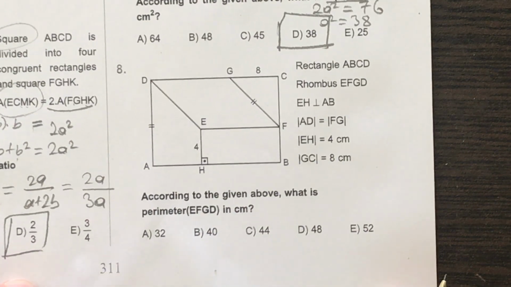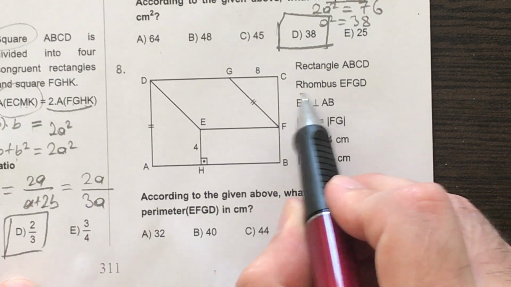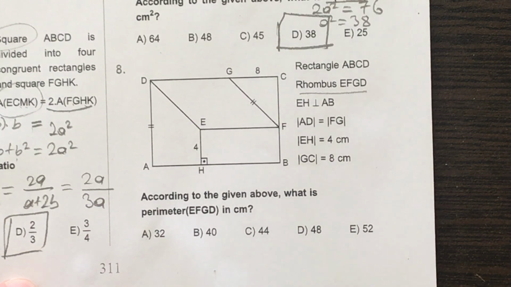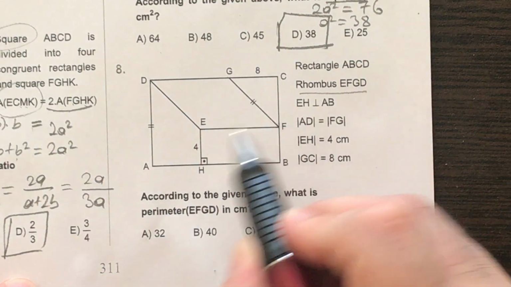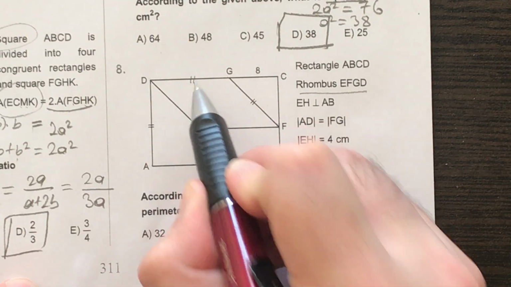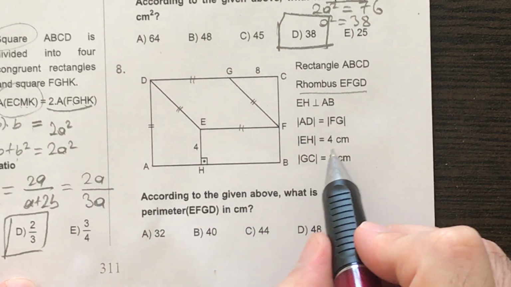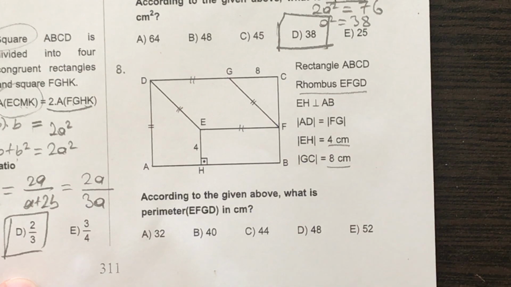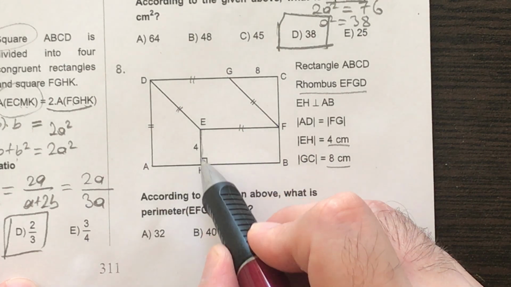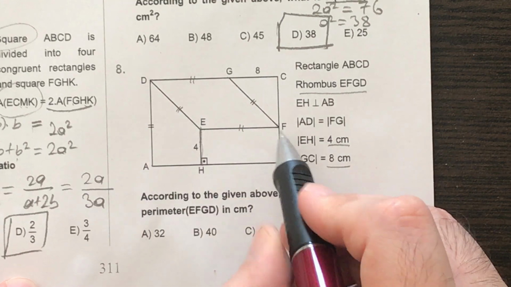And the last question of this page. Rhombus EFGD, and as you see, GF is equal to AD. So this must be equal to this one, this must be equal to this one. And this is 4 here, this is 8 here. And if this is 4, this must be 4.